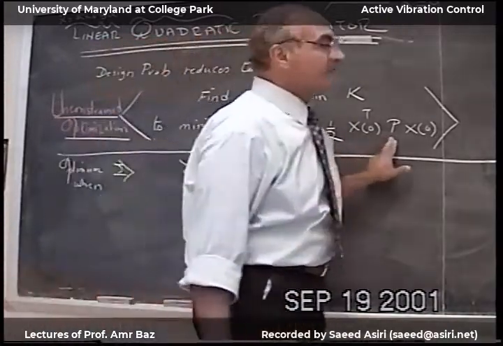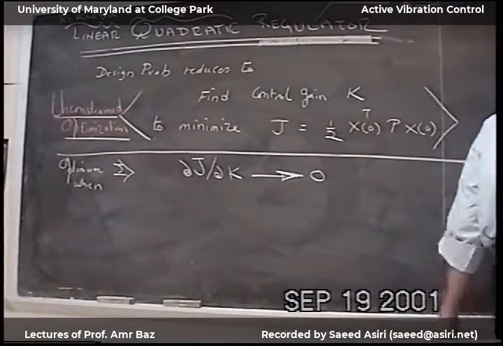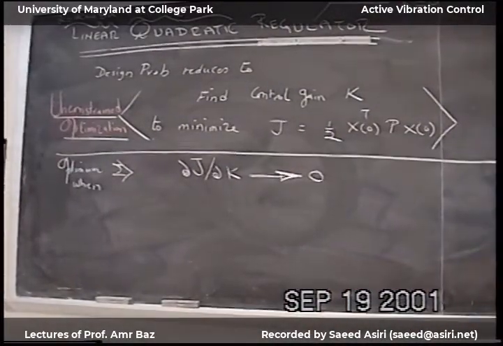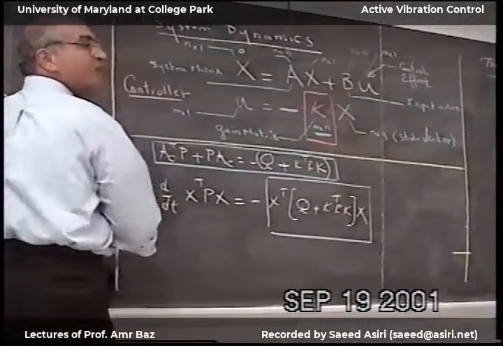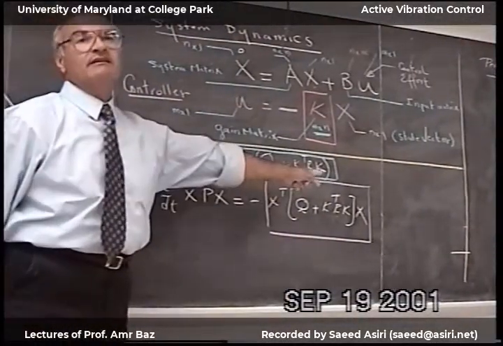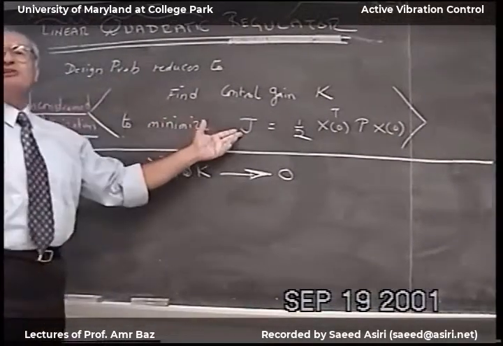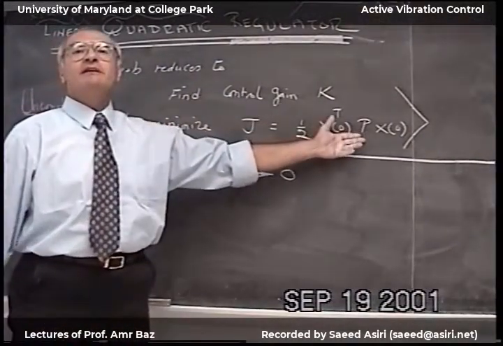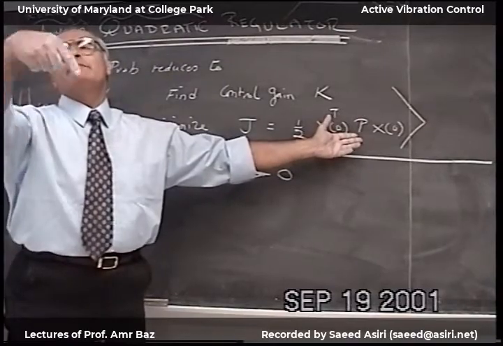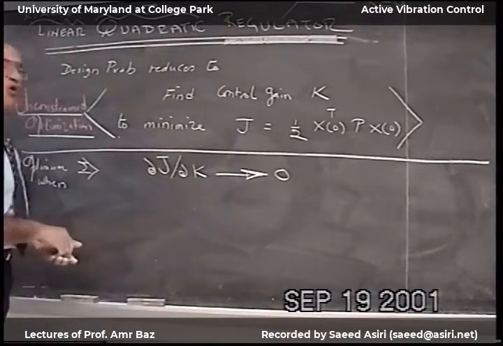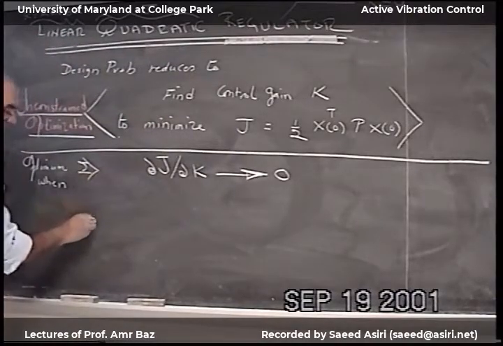But P from here depends on K. So now I can differentiate partially with respect to P, and then differentiate P partially with respect to K, and then get the final result. Okay? Or I can do something like this.